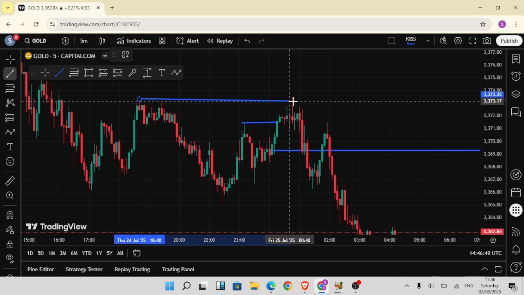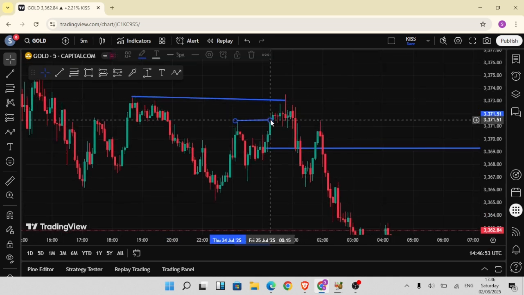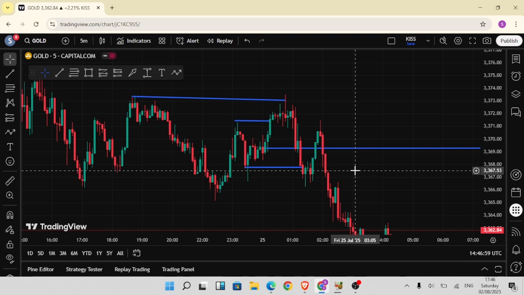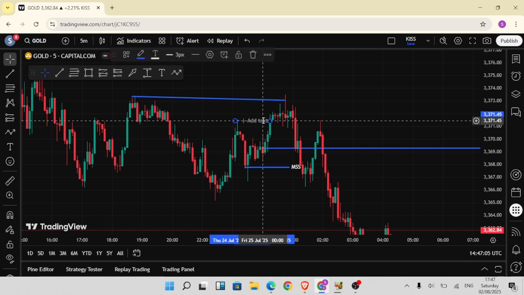You can see those highs right there, and then the next thing we see is a market structure shift at this point. So this is your ICT 2022 model to give you confirmation that price is now finally moving in the direction you anticipate it to move.